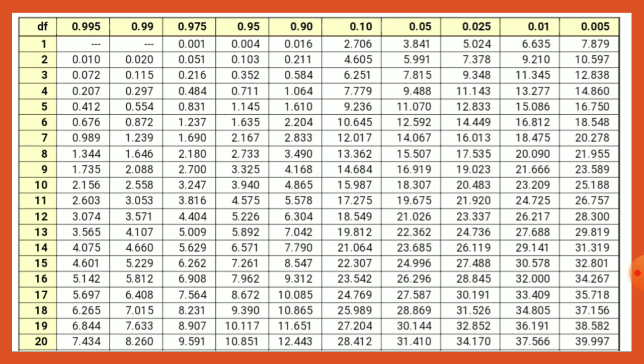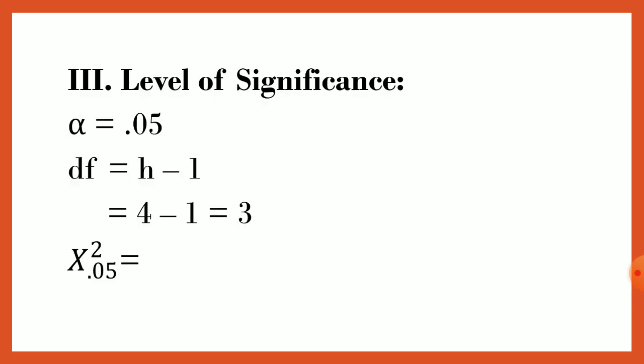So we need to locate the level of significance at 0.05, then the degree of freedom, which is 3, then get their intersection. Therefore, the tabular value is equal to 7.815.